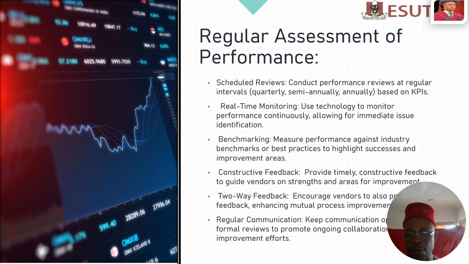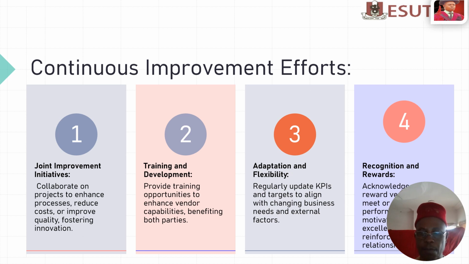This reciprocal feedback can reveal insights into improving processes on both sides. Regular communication. Maintain an open line of communication beyond formal reviews to foster a collaborative environment where continuous improvement is a shared goal.